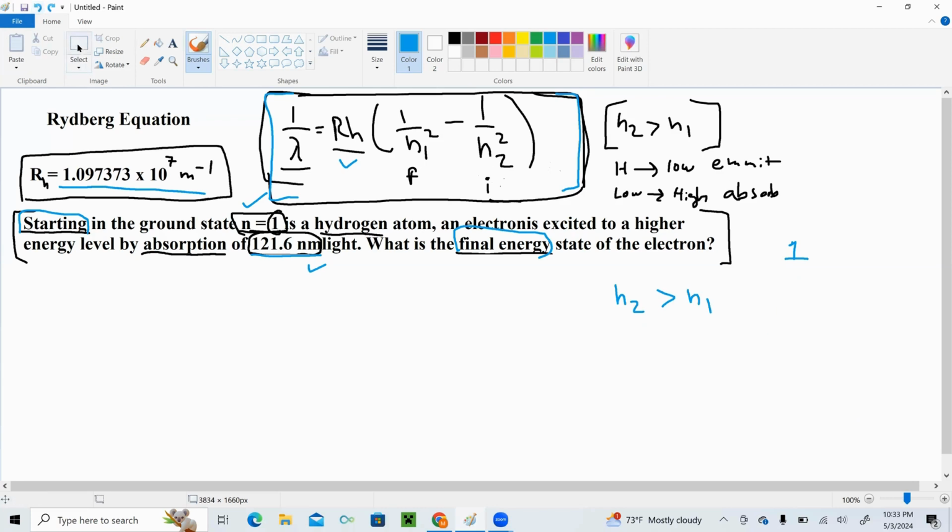So just by seeing that it says n1, and we know that n1 should be smaller than n2, or n2 should be greater than n1, you cannot put 1 as n2 because you can't go lower than 1. So n1 must be 1.